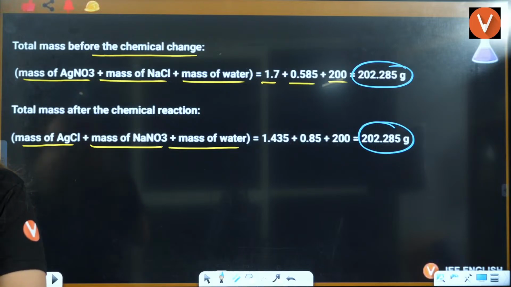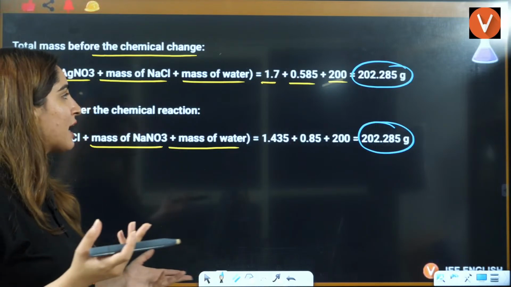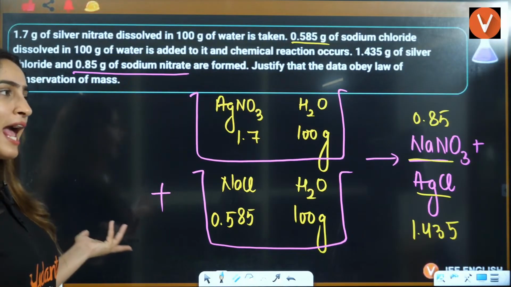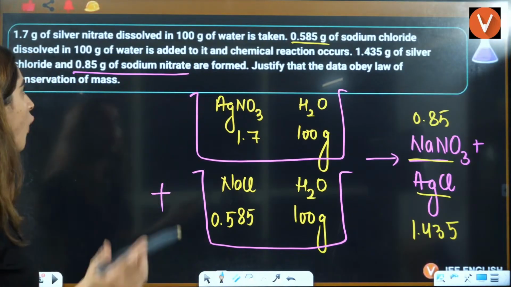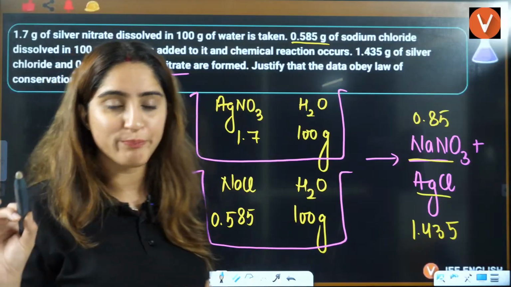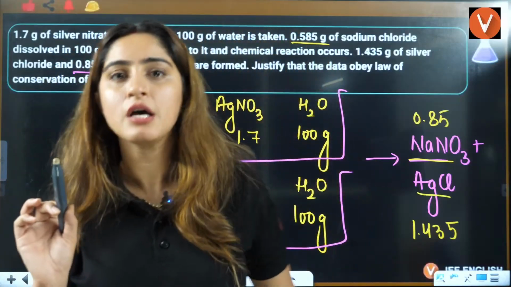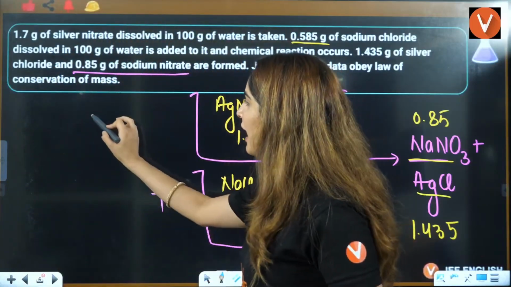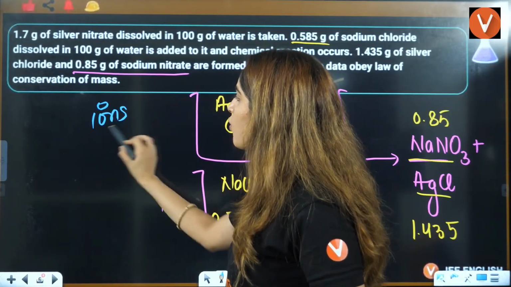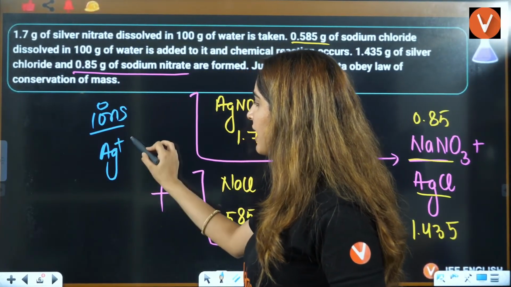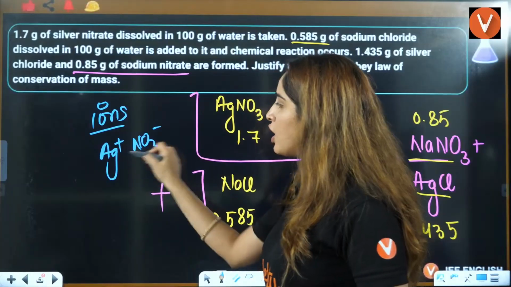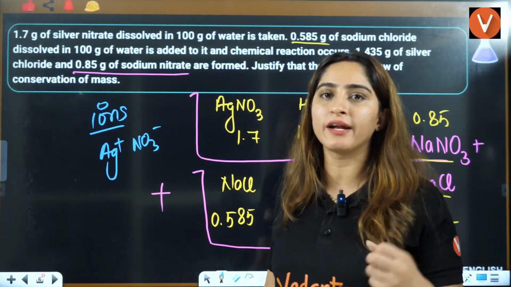Okay. Ma'am, how to know the reaction? The reaction is given in the question, right? All you have to do is watch my basic foundation lecture where I have taught you about the ions. If you know that Ag positive is there and NO3 negative is there, you cross multiply and you will get the formula.